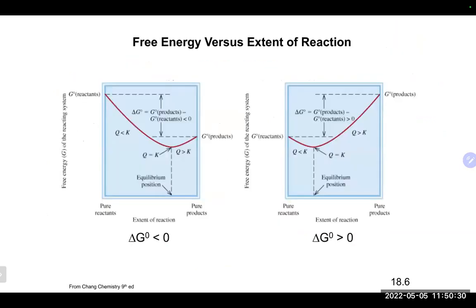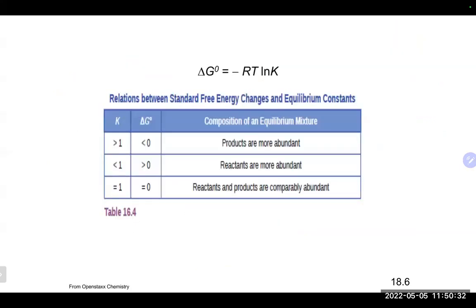All right. So just like the other equation, we can look at this equation and make some determinations. The good news about this one is it does have K in it. So if we understand what K means, it should also help us understand what we should expect for delta G. So if we had a large value of K, what that normally means is we should expect more products.